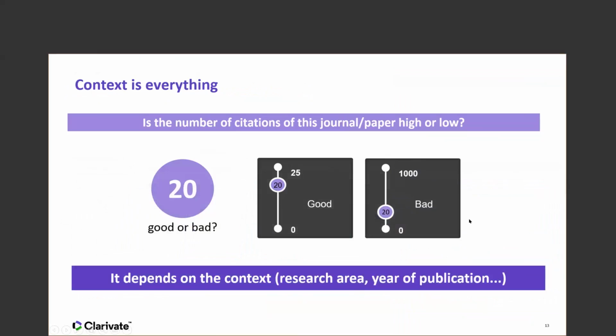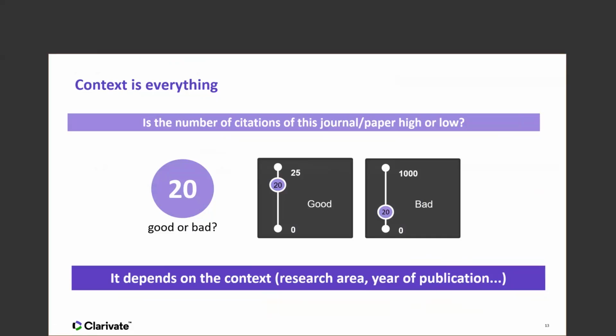Now let's go a step beyond the journal impact factor, because very often we ask ourselves, or we are being asked, is it a good or a bad impact factor? And I have no idea. When I see a number, a single metric, how can I know if this metric is good or if this metric is bad? I have to know first about the context. What is the context?